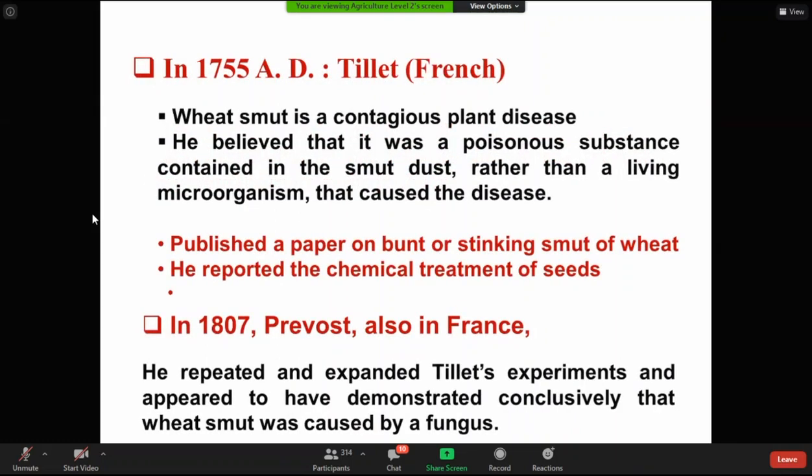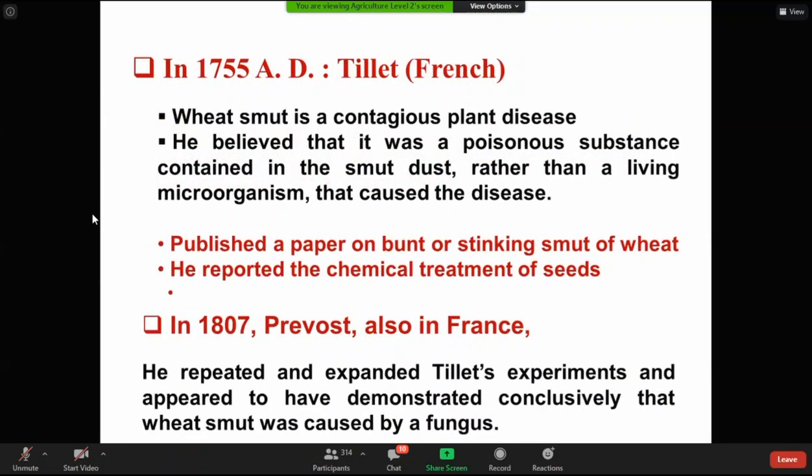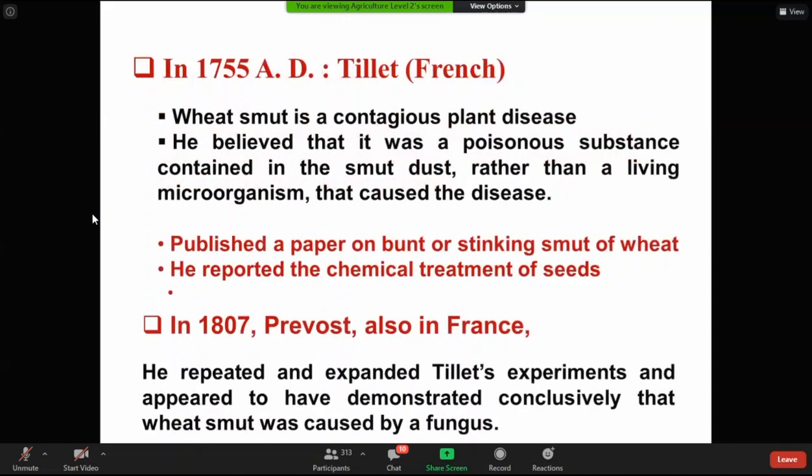Then you see two scientists, 1755, you see 43, then 55, how many years? 12 years later, Tillet, a French scientist, first proved that smut is caused by a pathogen, by a microorganism.